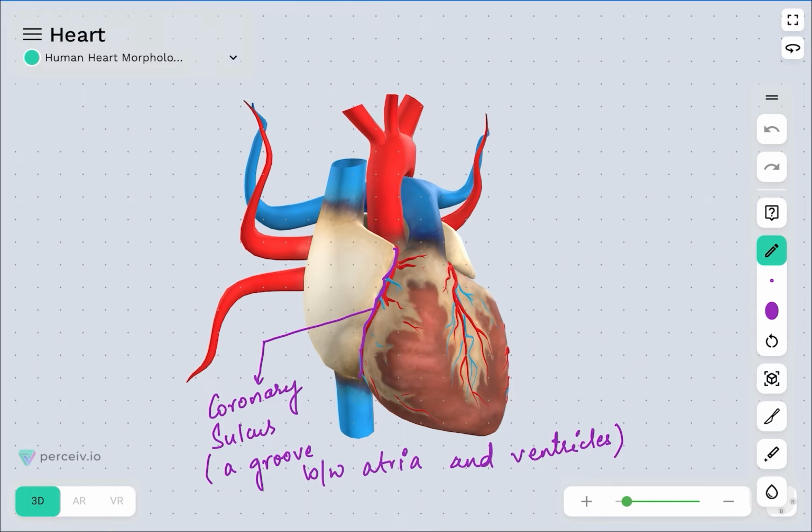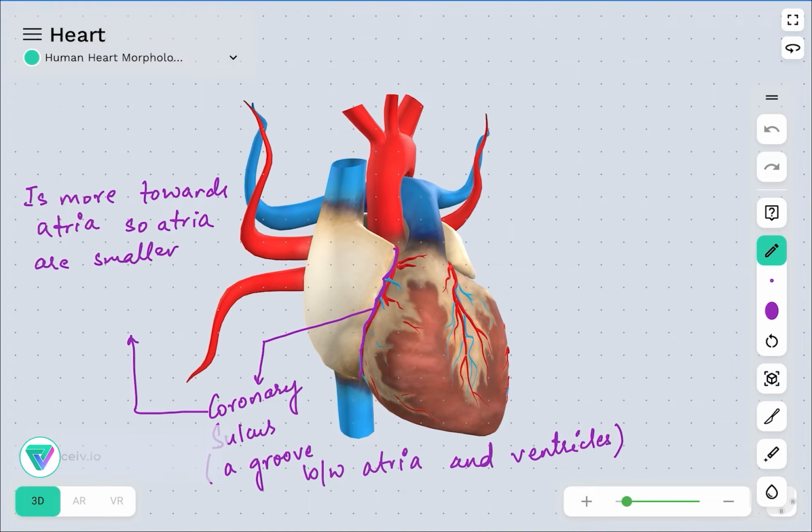Because of the predominance of this coronary sulcus more towards the atrium, the atria are smaller than the ventricles.